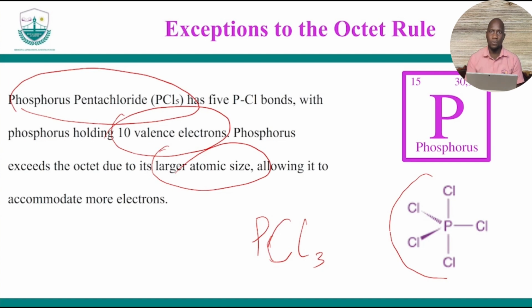But there are other examples that you can look at, whether to do with boron or beryllium, and the unusual compounds that they can form because of their inability to obey the octet rule.